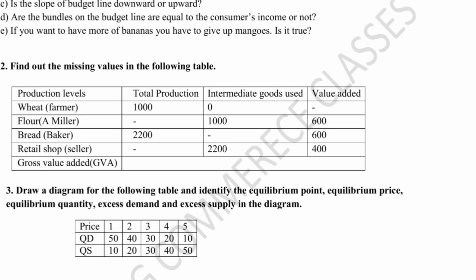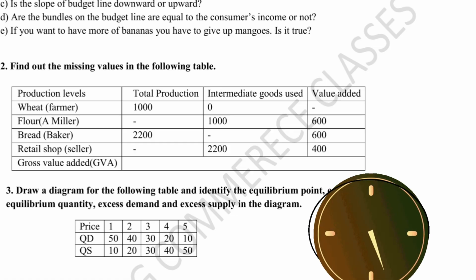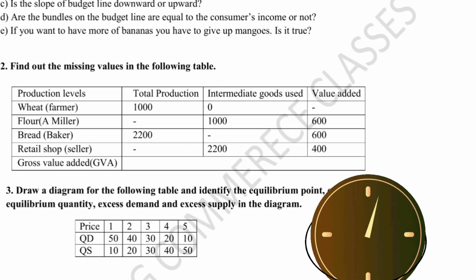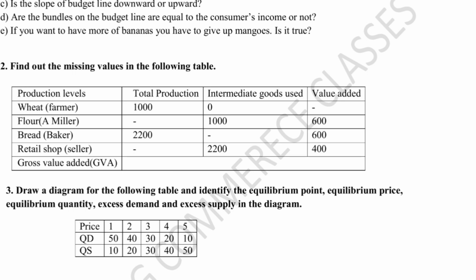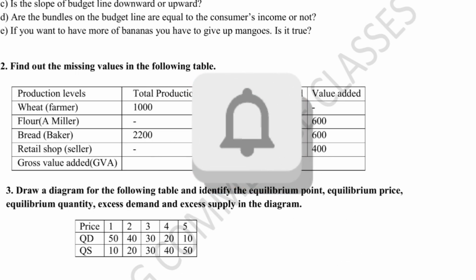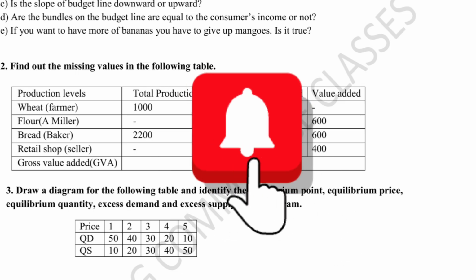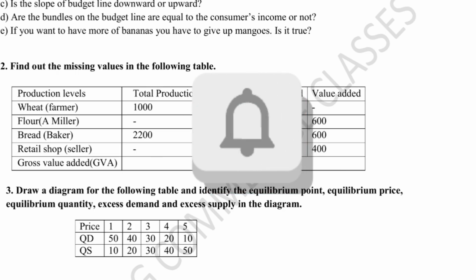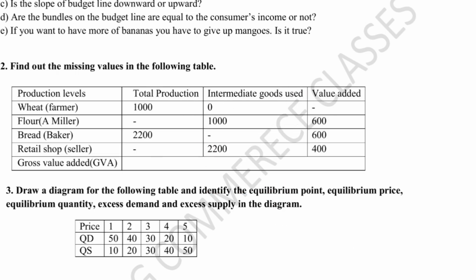The next question which I have taken is from national income accounting. Find out the missing values in the following table. They have given 4 columns: production levels, total production, intermediate goods used, value added. In the production levels: wheat farmer, flour miller, bread baker, retail shop, gross value added.